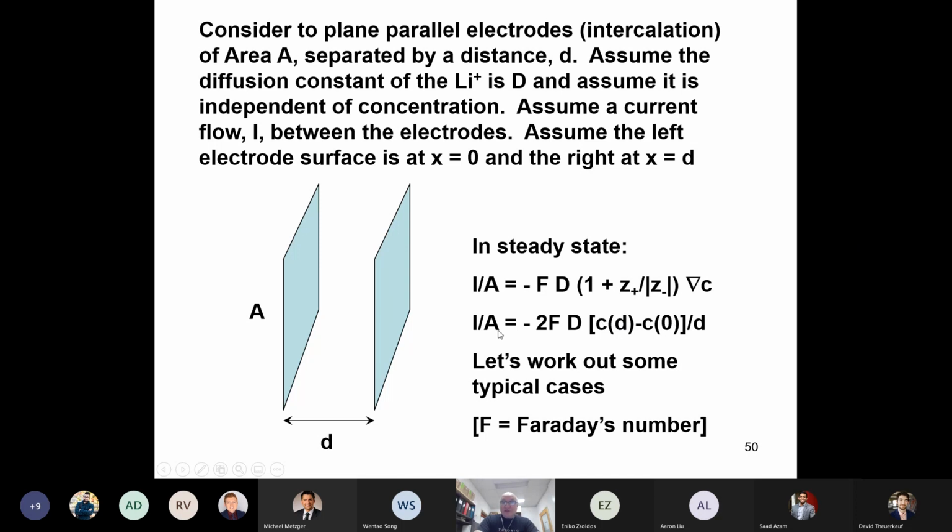What this tells you is that as you increase the current more and more, eventually you'll drive the concentration of the lithium ions to zero at one of the electrodes. At some point the current will be so big that, in order to support it, the gradient will become too large. I'll show you what I mean in the next slide.